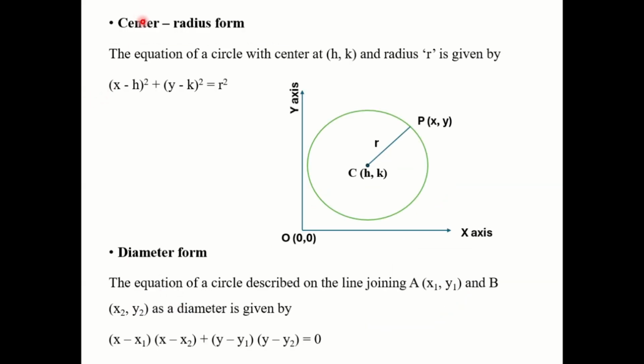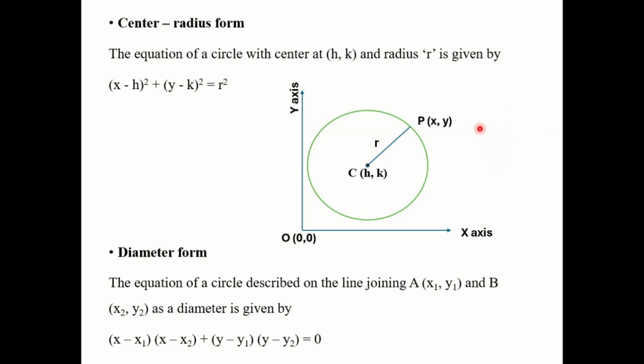Now another forms of equation of circle are center radius form and diameter form. Okay, the equation of circle with center C, whose coordinates are h and k, and radius r, is given by, and there will be a point P whose coordinates are x and y. By using the distance formula, square root of x2 minus x1 bracket square plus y2 minus y1 bracket square.